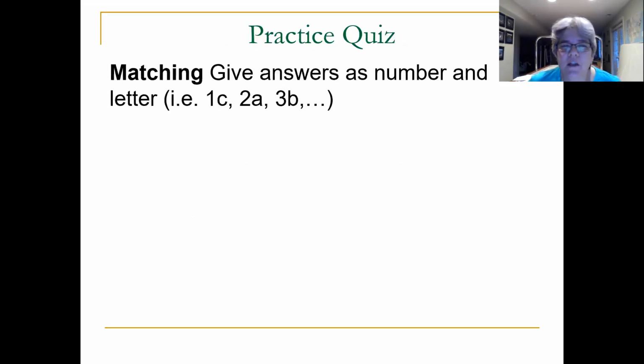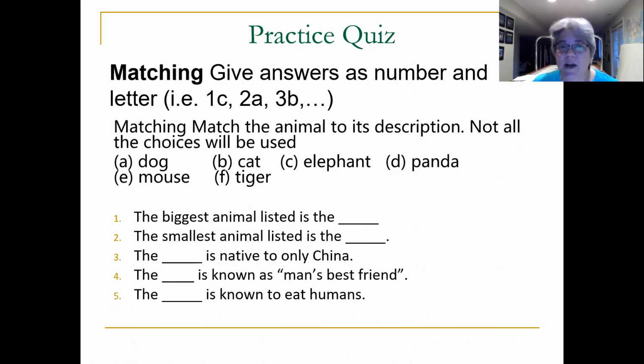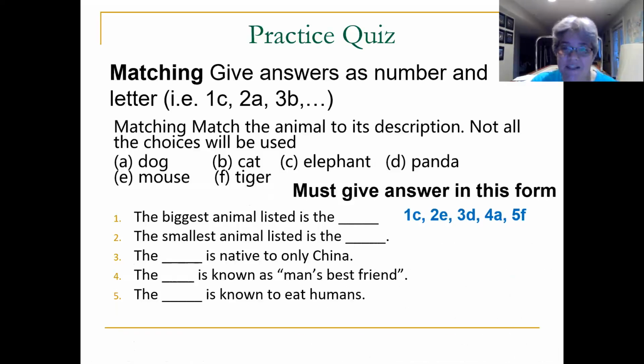I do want to just talk about the matching question. So remember, the instructions were to give your answer as a number and a letter. I gave you this example in class. This was not the one on the practice quiz, but for your answer, the biggest animal listed, well, that's of course the elephant. So you need to write 1C, and then smallest 2E, and then 3D. So your answers for the matching need to be in this form.